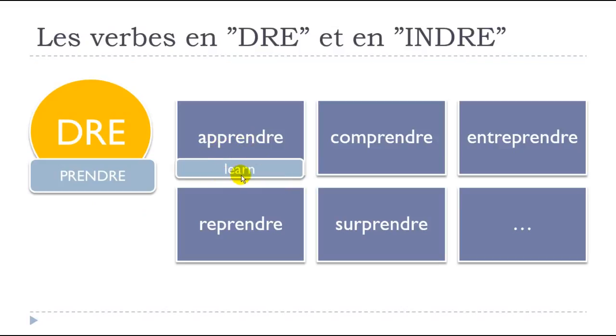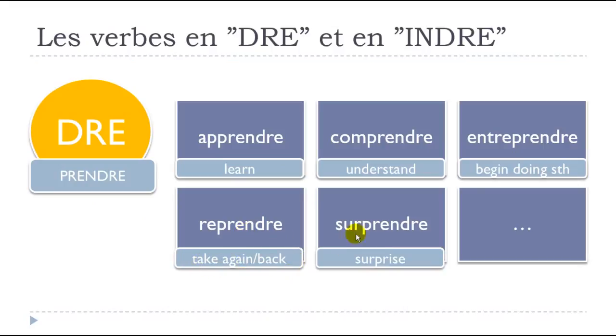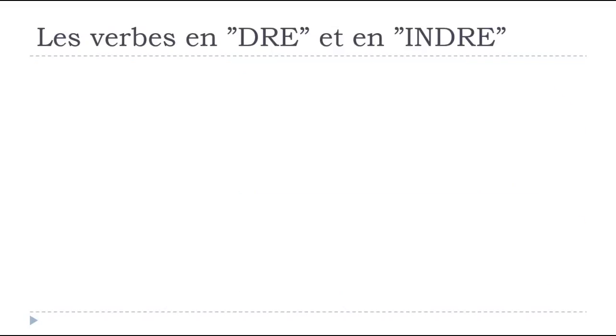Apprendre means to learn, comprendre, to understand, entreprendre, to begin doing something, reprendre, to take again or to take back, and surprendre, to surprise. Keep in mind that these verbs will be conjugated like prendre. All right, and now let's see the second main category that we had, indre, and the example that we will take is craindre, and craindre means to fear.